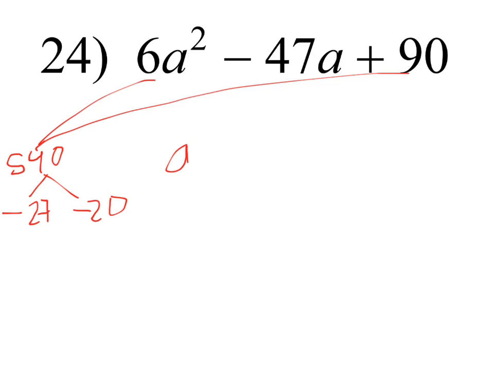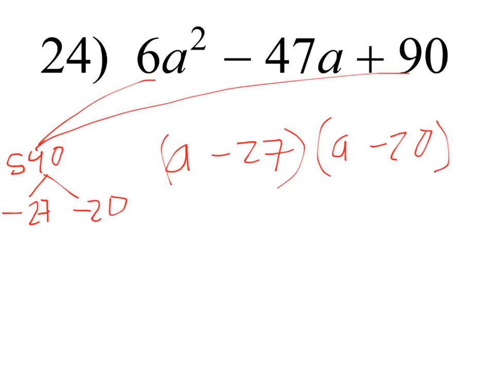Anyway, so you'll get a minus 27, and you'll have a minus 20, and you need to try to address the 6 issues. So attempt to divide them both by 6, and they're going to reduce. You'll get a minus 9 halves. Divide them both by 3.